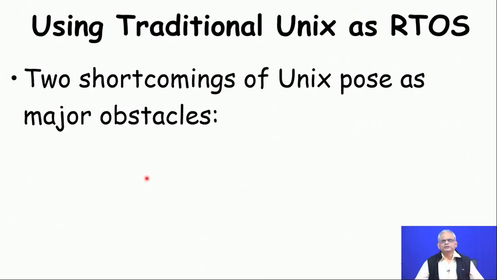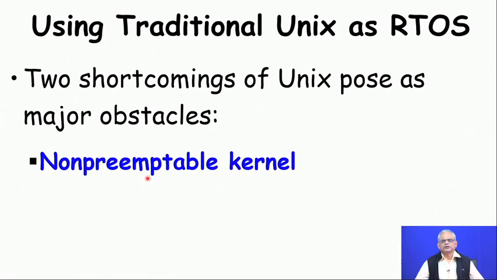If we want to use Unix as a real time operating system, we will find many problems. Actually, all the issues that need to be supported by a real time operating system that we identified in this lecture are not satisfactorily supported by Unix. But there are two problems which really stand out. One is the non preemptible kernel.